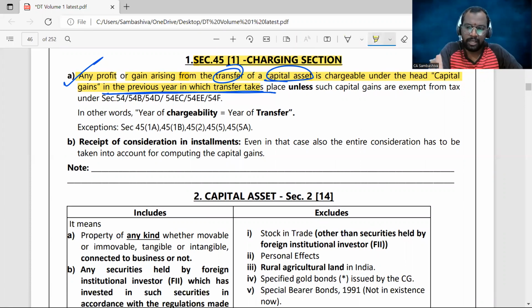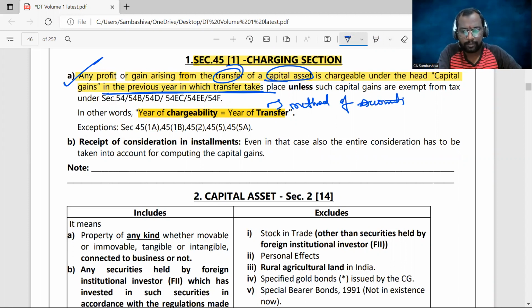Next, in other words, year of chargeability equals year of transfer. I've already told you, this sentence explained the method of accounting applicable to this chapter. And then the exceptions: in the section 45 series, we have 45(1A), 45(1B), 45(2), 45(5), 45(5A). These are some exceptions to this method of accounting, and we will see them later.